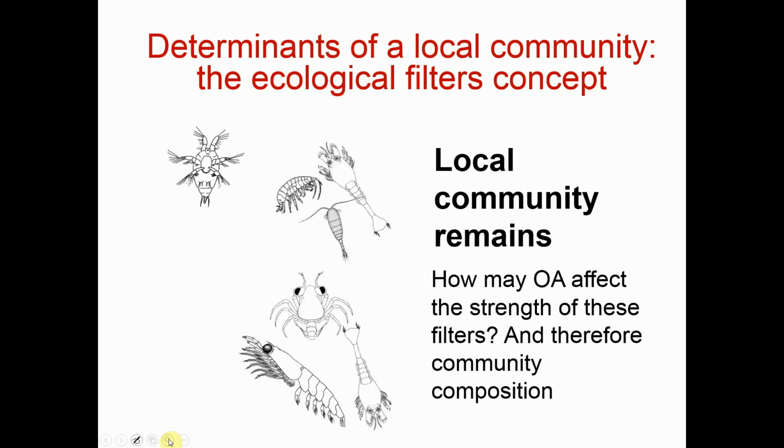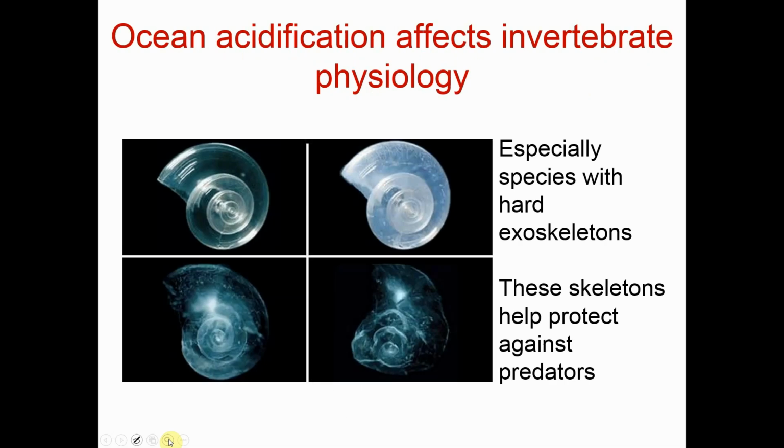We can then ask the question, how may ocean acidification, or as we shorten it OA, affect the strength of these filters and therefore affect overall community composition? Well, remember, ocean acidification affects invertebrate physiology. So we've shown before how these gastropods have changes in shells.